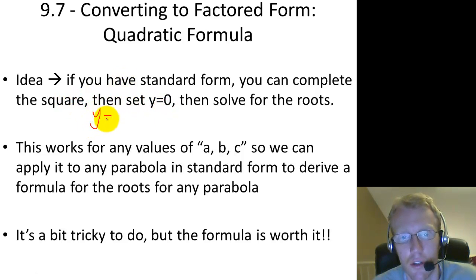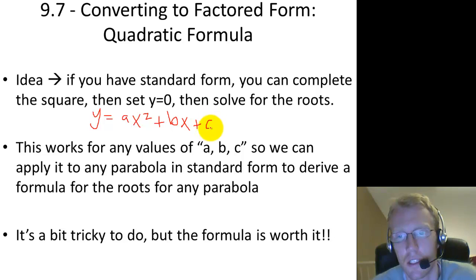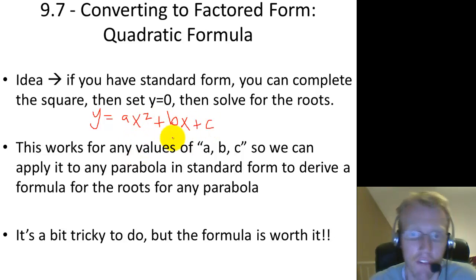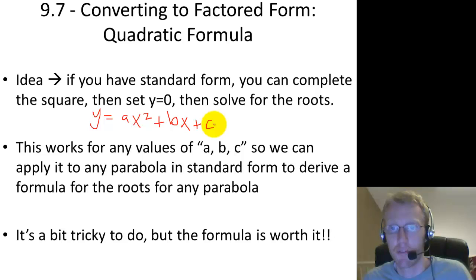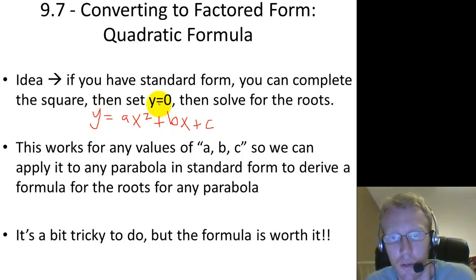You've learned how to complete the square: you take half the middle value squared, you get your perfect square. Then you can write the equation in vertex form. Once you have an equation in vertex form, if you set the y value equal to 0, you can work backwards and solve and take the square root and get the two roots, and then you can write the equation in factored form.